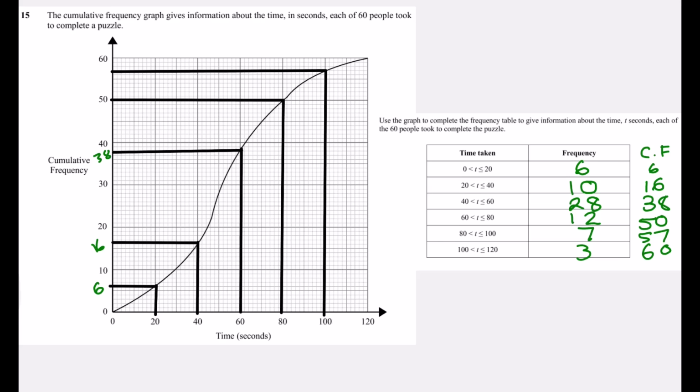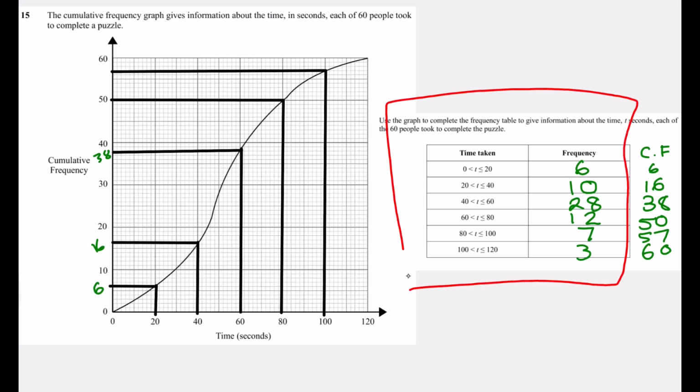If we're given a cumulative frequency question in the exam, usually it's going the other way. So usually we start with the frequency table, and then we have to complete the cumulative frequency. So we add up as we go, and then we plot the top point against the cumulative frequency.